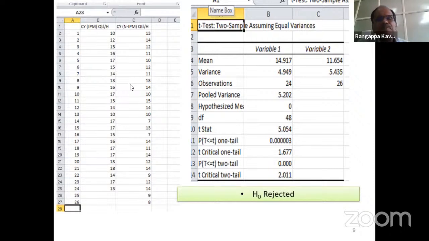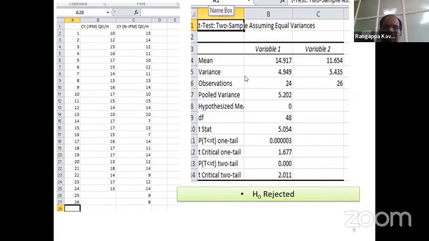So with this, I have the result on the right side. t-test, two sample assuming equal variance. Here you can find the variable 1, variable 2, mean value, variance, observations, pooled variance, hypothesis. This is all the result estimated by MS Excel software. And this result is for this data.